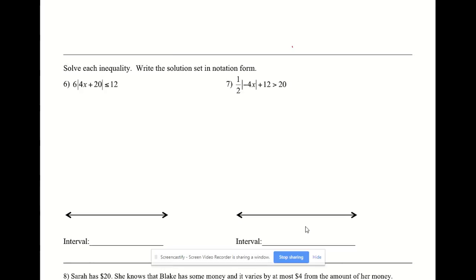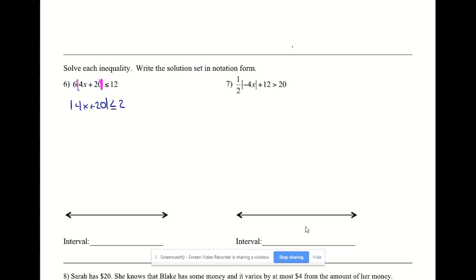All right, inequalities. We're going to do the same approach. Isolate our absolute value expression to get this by itself. So we're going to divide both sides by 6. So absolute value of 4x plus 20 less than or equal to 2.